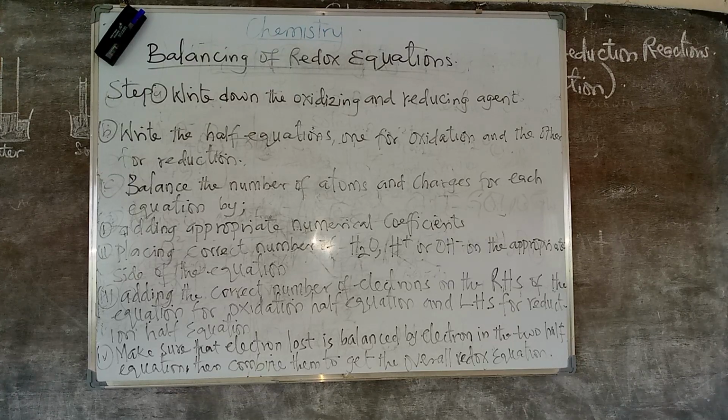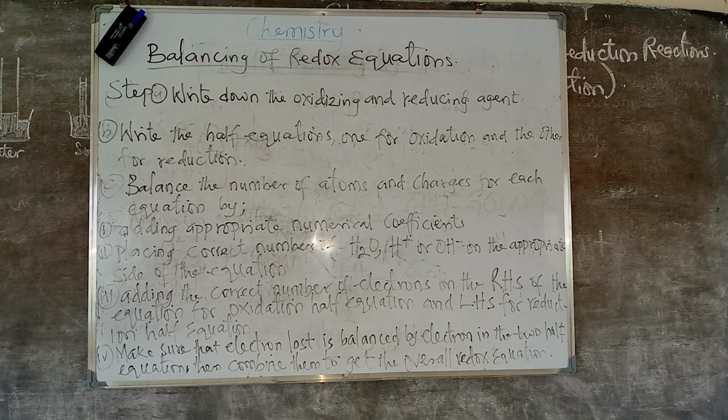When we are talking about balancing of an ordinary chemical equation, invariably we are talking about adding the correct number of moles, number of coefficients, at the front of both the reactants and the products, so that the number of atoms at the reactant side will balance the number of atoms at the product side. That is just what it involves in balancing an ordinary chemical equation.